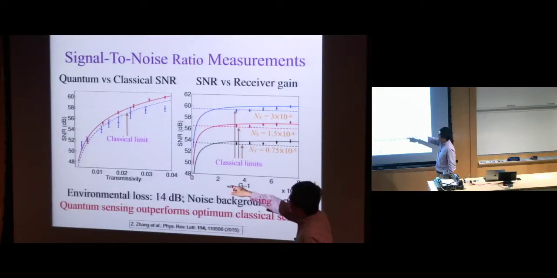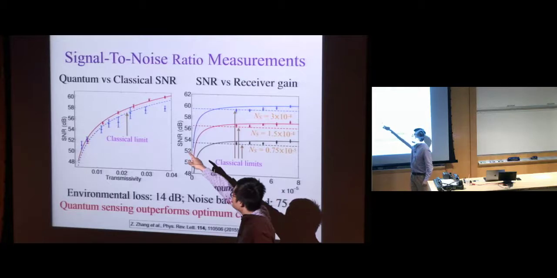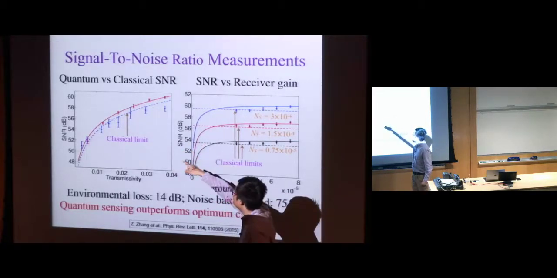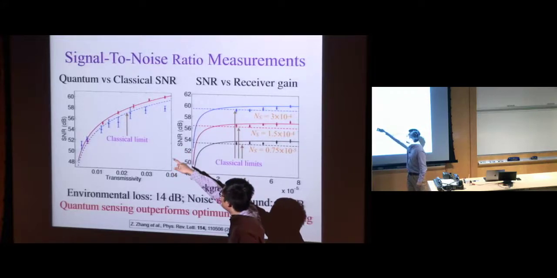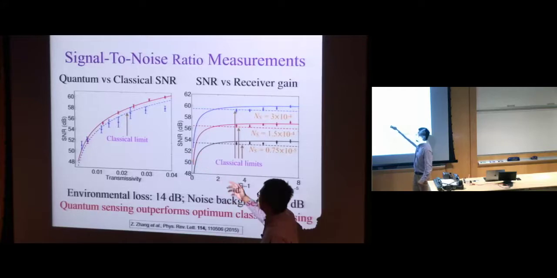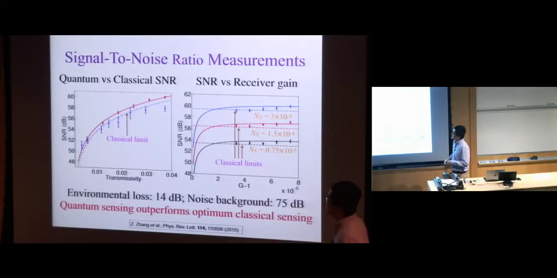But this is our measurement. We performed the SNR measurement in log scale, and this red curve is your signal-to-noise ratio for quantum illumination, and the dashed blue curve is the classical limit. You actually see that, with all the experimental non-idealities, the quantum performance beats the classical limit by about a dB.